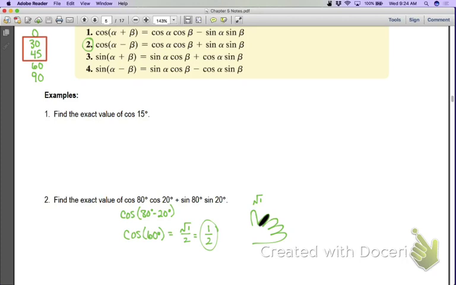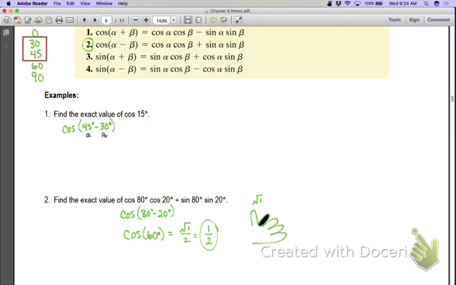And I can take cosine of 45 degrees minus 30 degrees. Well, what do they represent? The 45 is like my alpha, and then the 30 is like my beta. I'm just going to use the formula that's actually number 2 again.